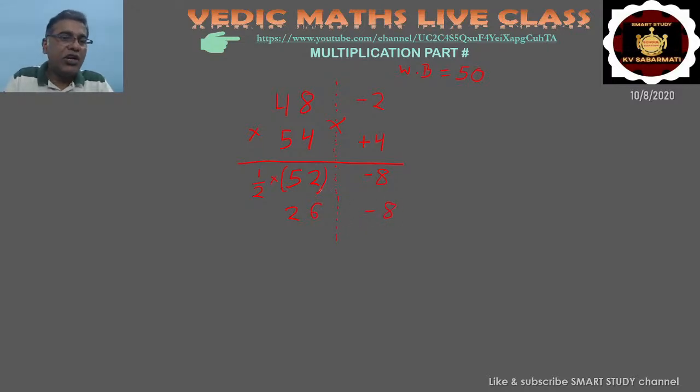Here I will take 1 to that side, so that this side left hand side number becomes positive. But if I am taking 1 to that side, this will become 100. So this side becomes 25, and this side 100 minus 8, so this will be 92. So our answer is 2592.